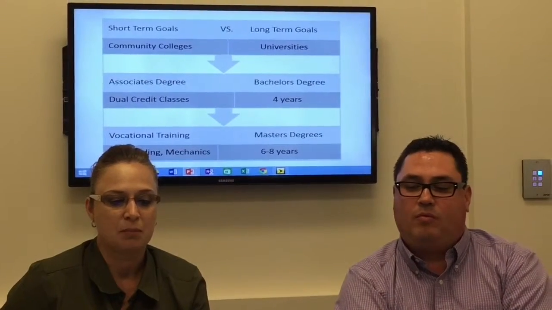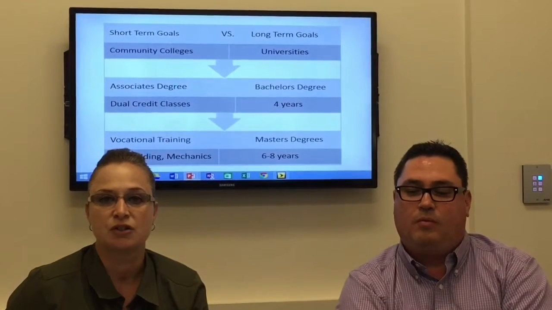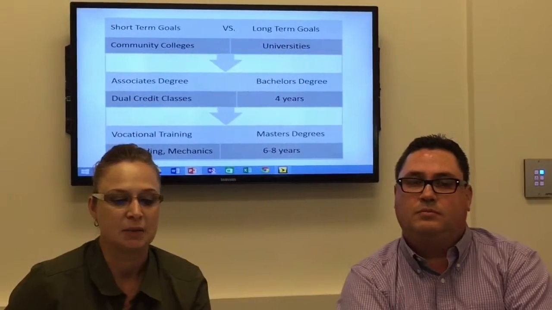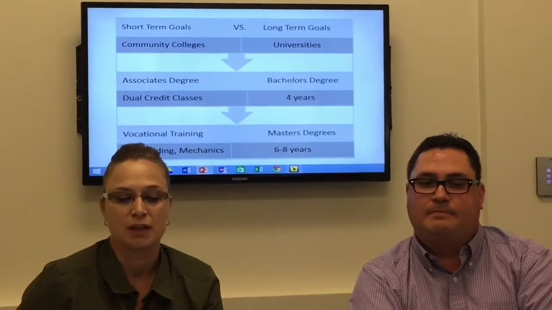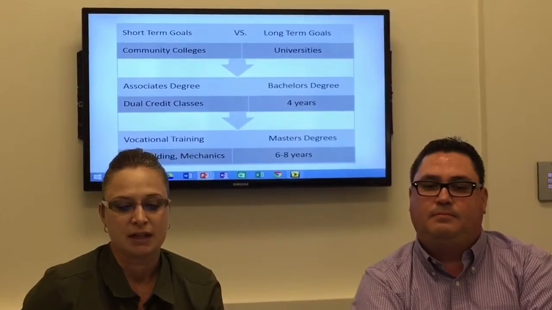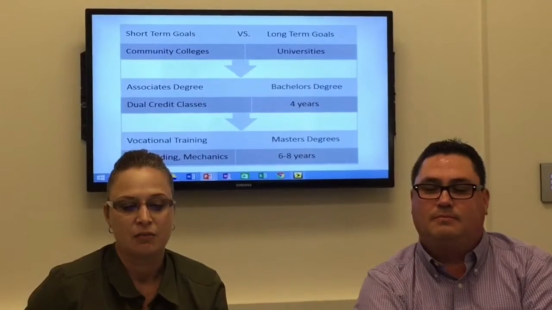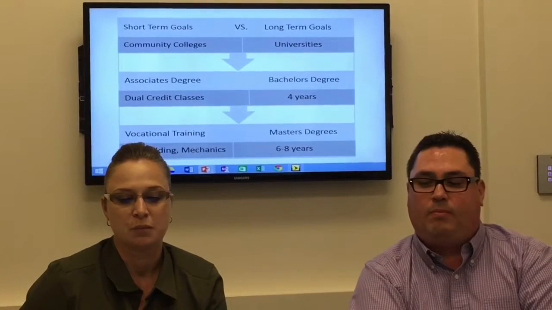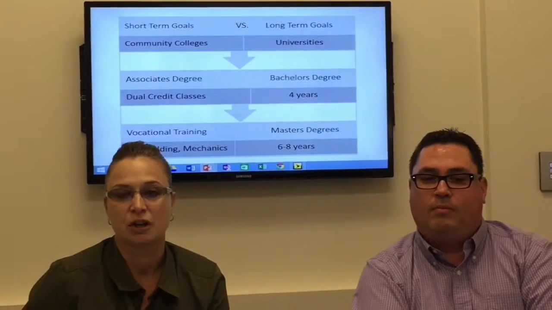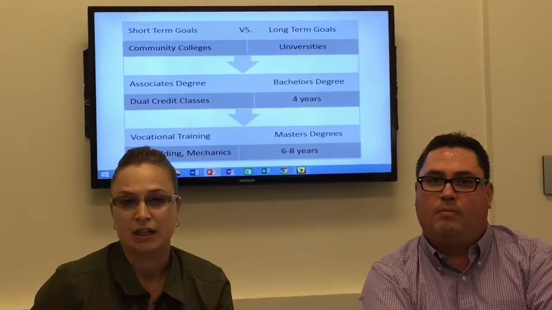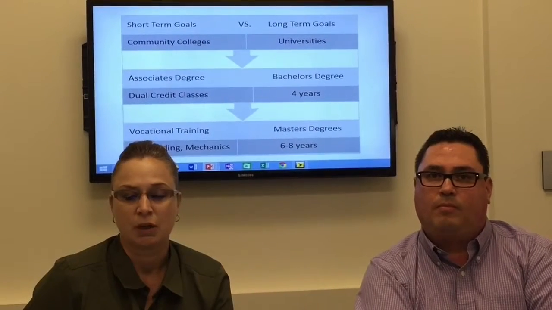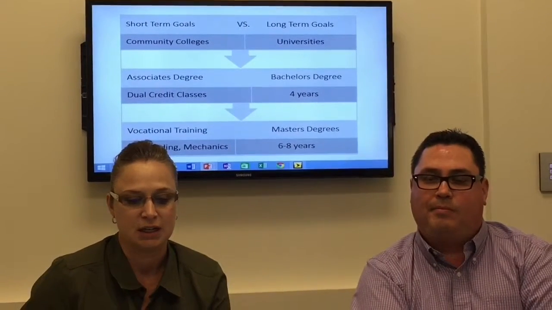And then at the bottom left is vocational training that some of you may be entering into. Some examples are welding or mechanics, etc. And then on the lower right would be a very long-term goal, pursuing a master's degree, a PhD, or a doctorate, which will require anywhere from 6 to 8 years.